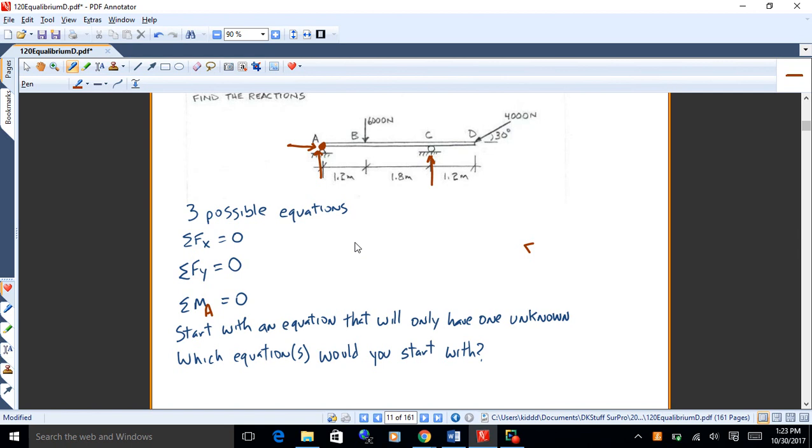Everything's right at the wall. But with pin joints and such, you might have to use some strategy to figure out the best way to go at it. Would you take a moment about that junction? That's normally what I would do, yeah. You don't have to, but that's normally how I would approach it. Okay. All right, why don't you write up sum of Fx equals 0 and solve for the RAX? Let's do that.